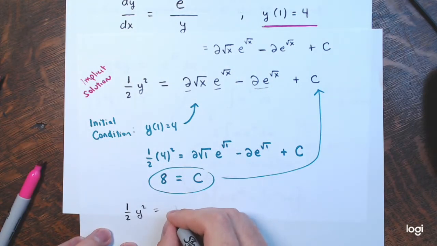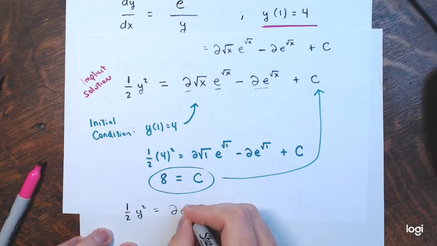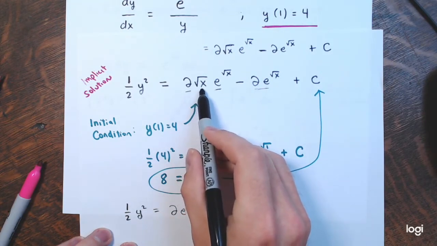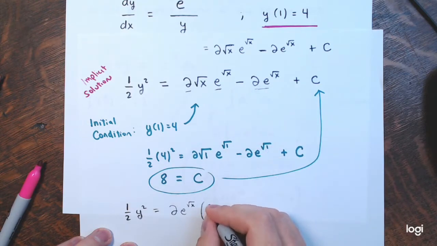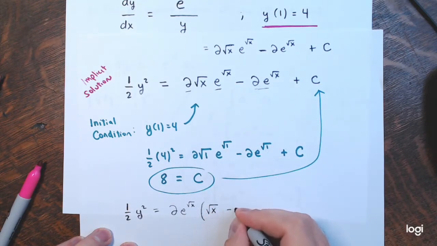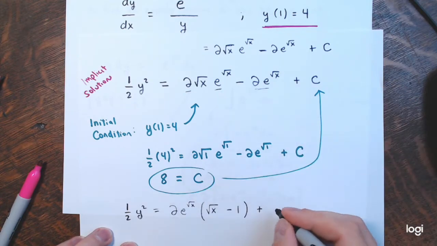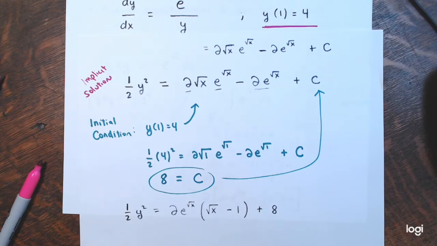So 2 times e to the square root of x, and when you do that, you'll have the square root of x minus 1. There's another factor here. And then we have plus c, which we found needs to be 8 in order for the initial condition to be satisfied.